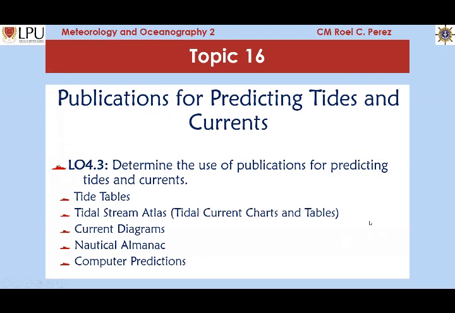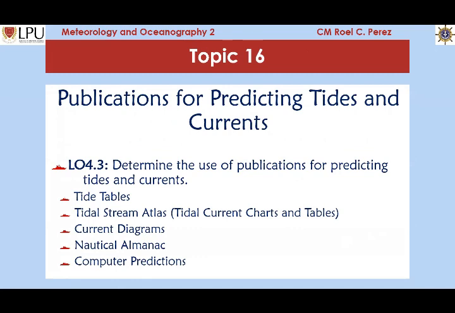Okay, so we will go to topic 16, which is publications for predicting tides and currents. The learning outcome is to determine the use of publications for predicting tides and currents.